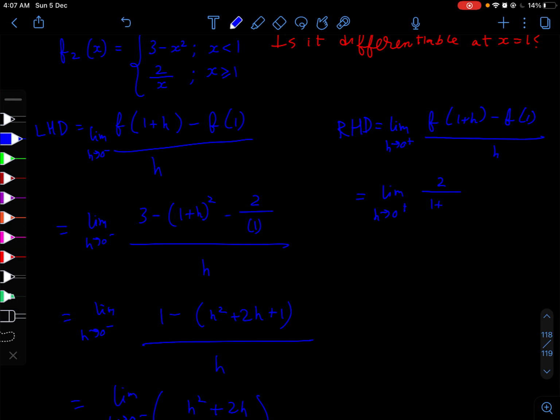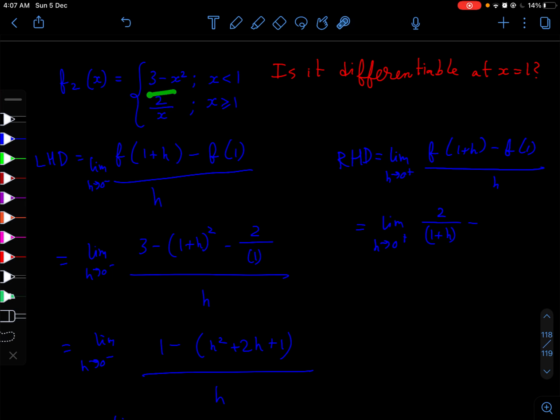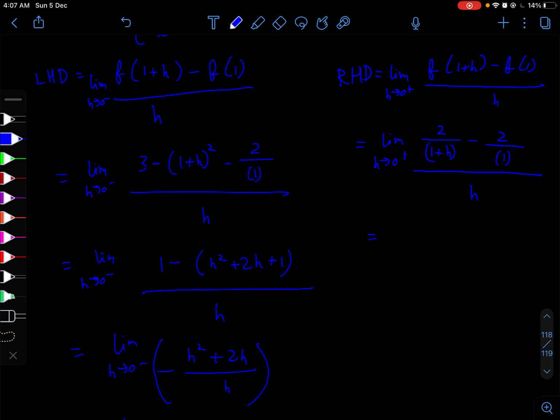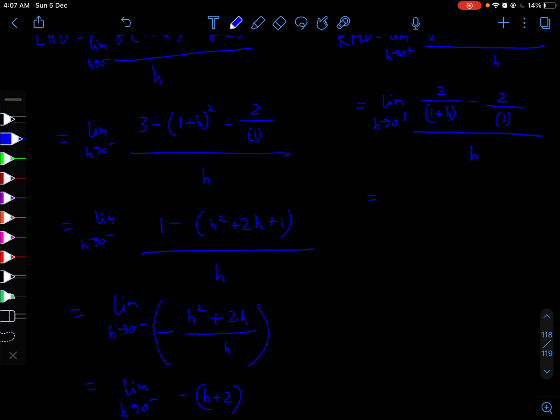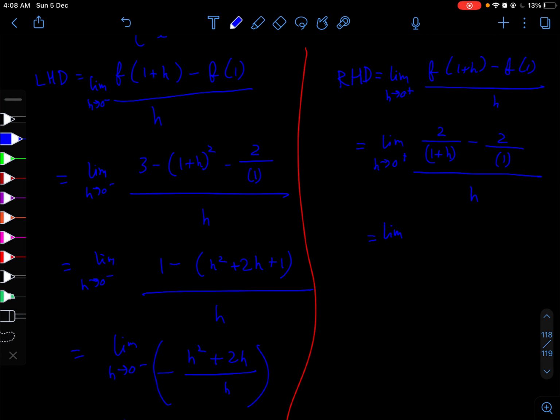So we have 2 divided by 1 plus h minus f of 1. f of 1 is already given as 2 divided by x, so we take 2 and in the place of x we substitute 1, and the whole thing divided by h, which is equal to the limit as h tends to 0 plus of, so here we can take the 2 common, and we have 1 over 1 plus h minus 1, whole thing divided by h.